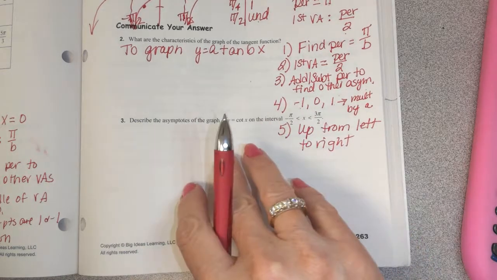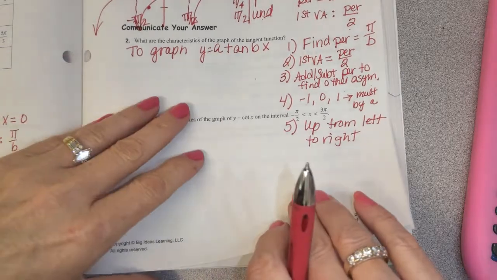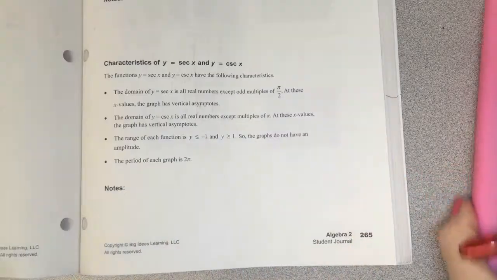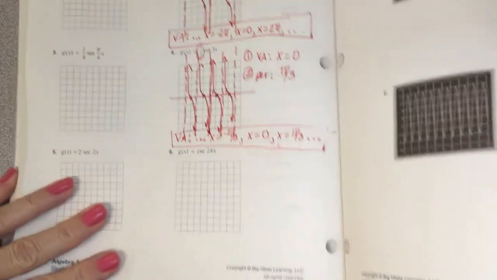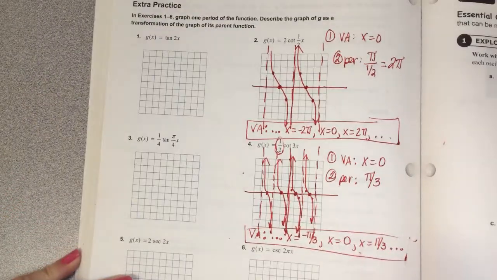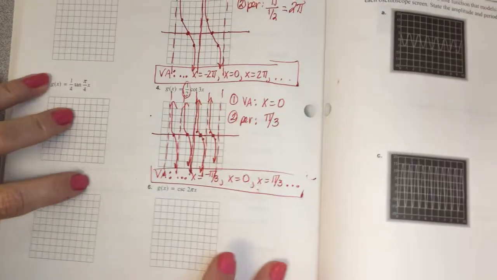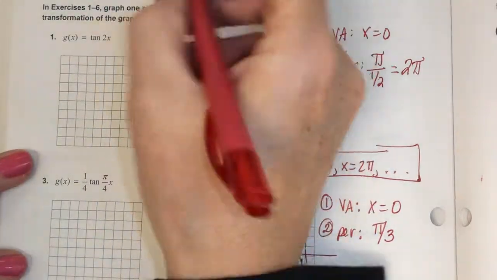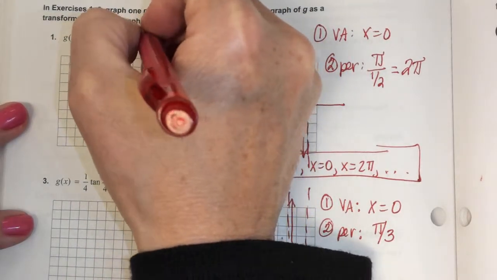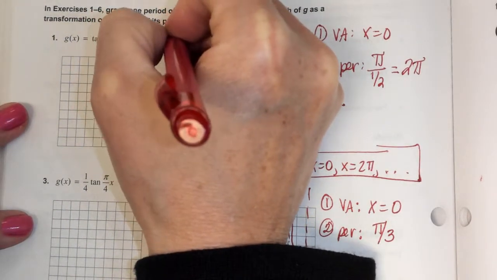Okay. All right, let's go over here now and do a couple of tangent graphs. Okay, so we have a tangent graph on 1 and on 2. Looking at number 1, first thing we're going to do is find the period.